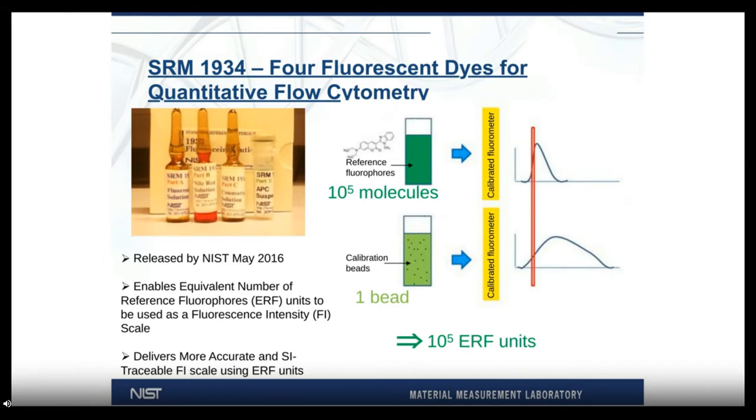And we compare the fluorescence intensity of one of these reference solutions to the bead suspension calibration bead intensity. So for instance, if 10 to the 5th molecules of a reference fluorophore fluoresce with the same fluorescence intensity as one calibration bead, then we can say that that calibration bead has an ERF intensity value of 10 to the 5th ERF units.